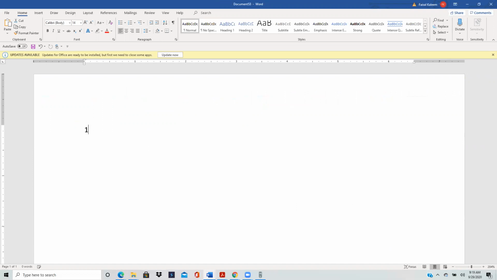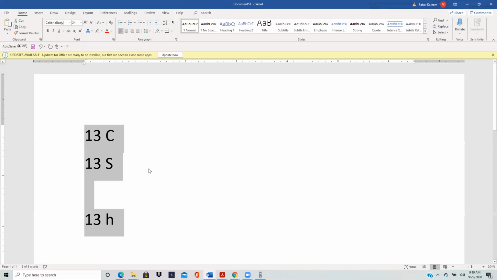Okay, so there are 13 clubs, 13 spades, 13 hearts, let's magnify this, 13 hearts and, I'm writing uppercase H, and 13 diamonds.